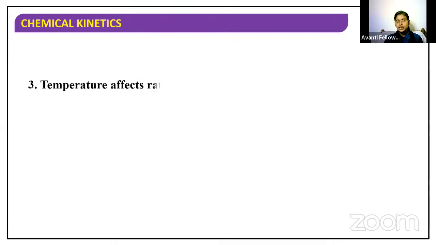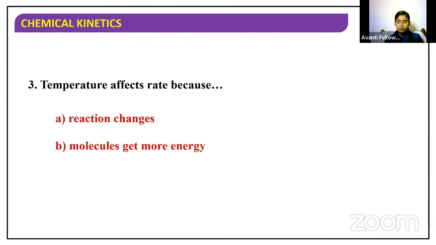Third question. Temperature affects the rate because reaction changes, molecules get more energy, decreases, none of these. The temperature affects the rate because... Again everybody is going for B. Vaishnavi, Rutuja, Mahir, Sakshi, Jyoti, everybody is going for B. Very good, students.